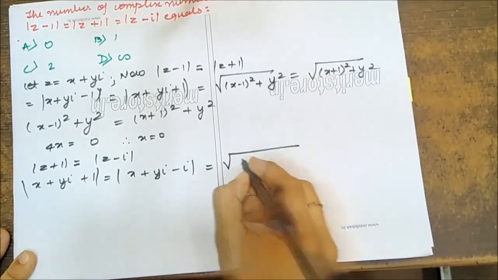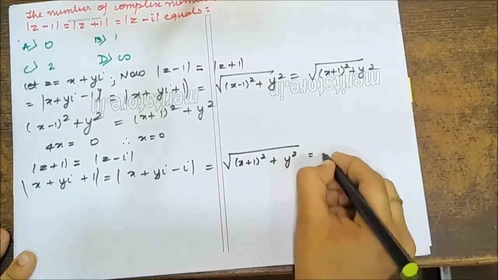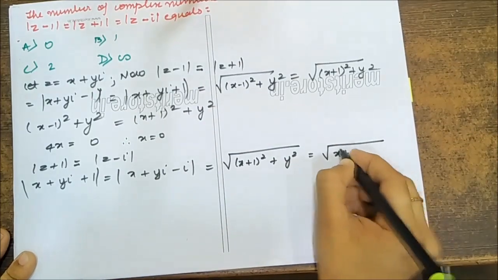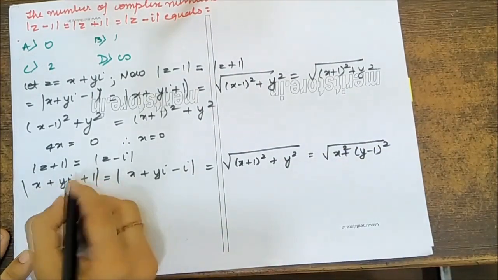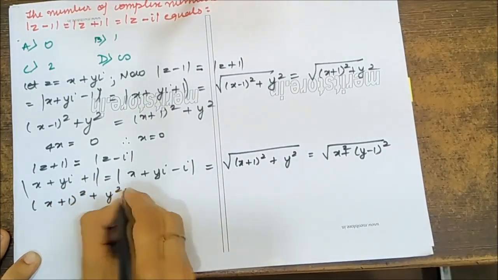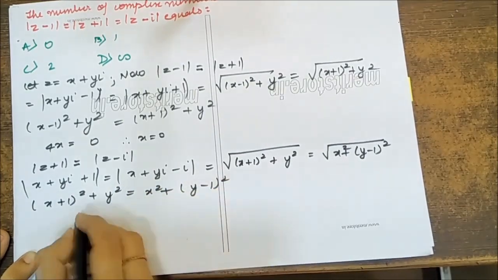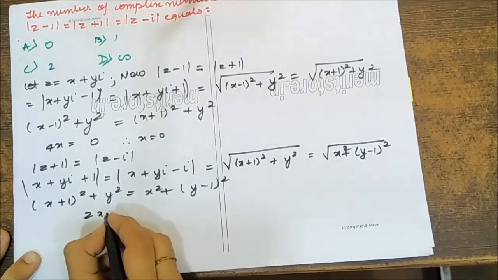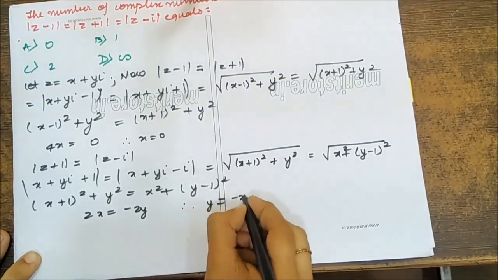That is root of x plus 1 the whole square plus y square is equal to root of x square plus y minus 1 the whole square. Simplifying the equation, we get 2x is equal to minus 2y. Here y is equal to minus x.